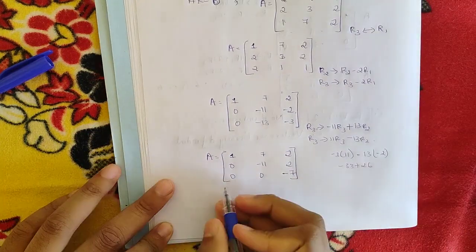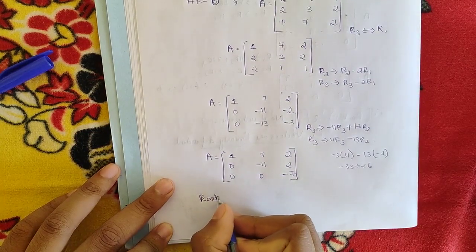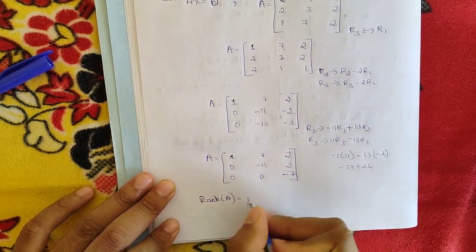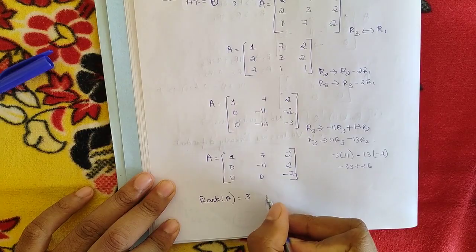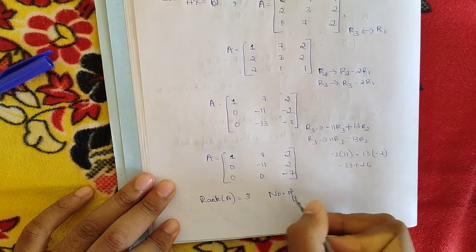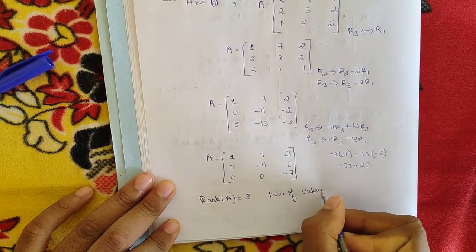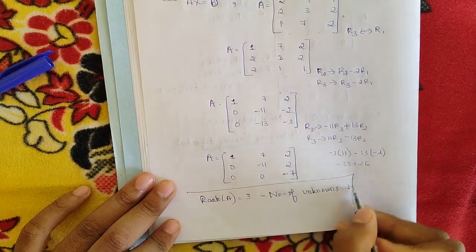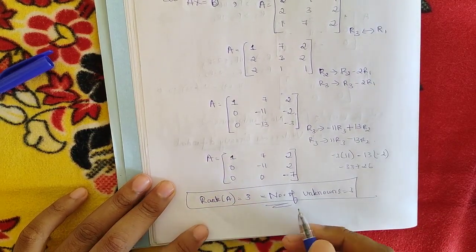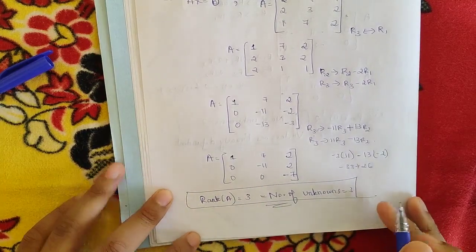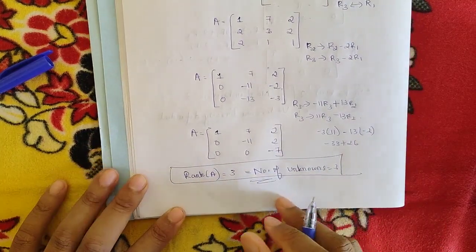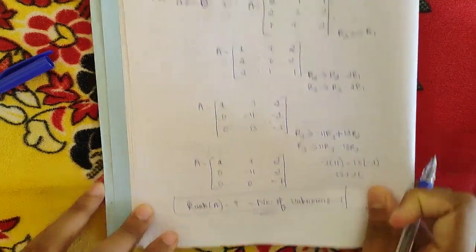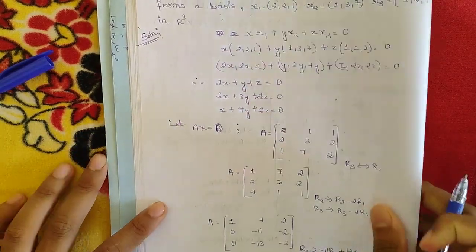Here the rank of A is equal to the number of non-zero rows, that is 3, and the number of unknowns is equal to 3 itself. So rank of A is equal to the number of unknowns, so it possesses a unique solution. I've told you, for a unique solution all the values of x, y, z are equal to 0.